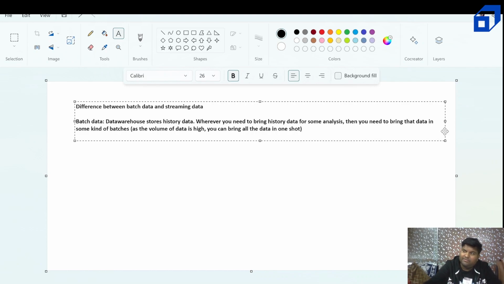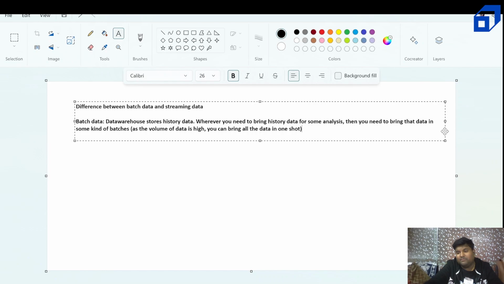You might create a pipeline which might fail or whose performance will be very slow, or you might corrupt the data which is present in the source. So that's why batch data comes into the picture, where I'll build pipelines in such a fashion that they bring the data in samples, like 6 months of data or 1 year of data, and load it in the target area.